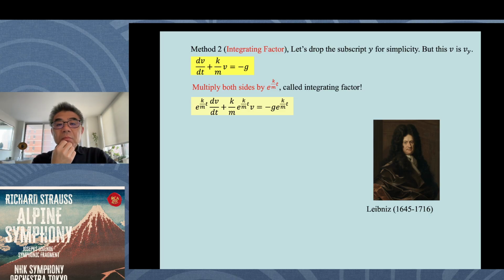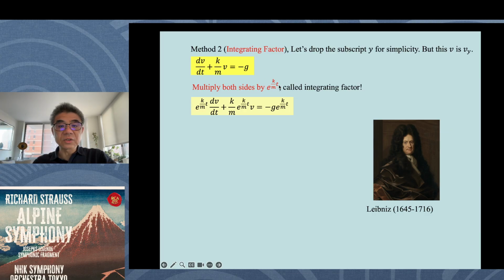Now method 2. In order to make our mathematical notation simpler, let's drop the subscript y for simplicity. But remember, when I talk about v, actually it is vy. So the equation we are going to solve is dv dt plus k over m v is equal to minus g. What we are going to do is to multiply both sides by exponential k over m times t.